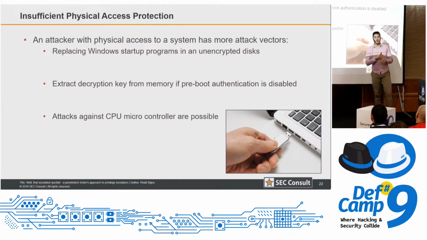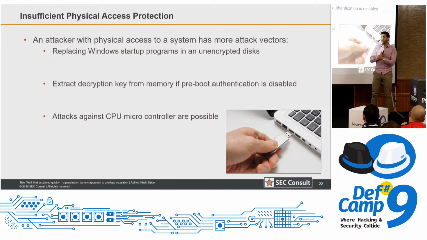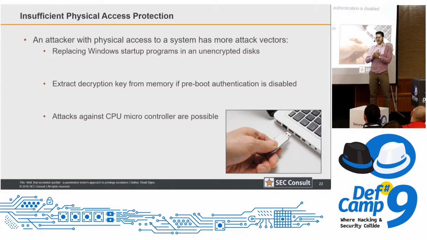First of all, those of you who do not use disk encryption, use disk encryption. Why? Because if I get access to your laptop, I can just boot my own Windows CD, replace some files in your file system, and the next time I boot up your machine, I will have system privileges and have access to your machine. So it's a very easy thing, and it's widely known.